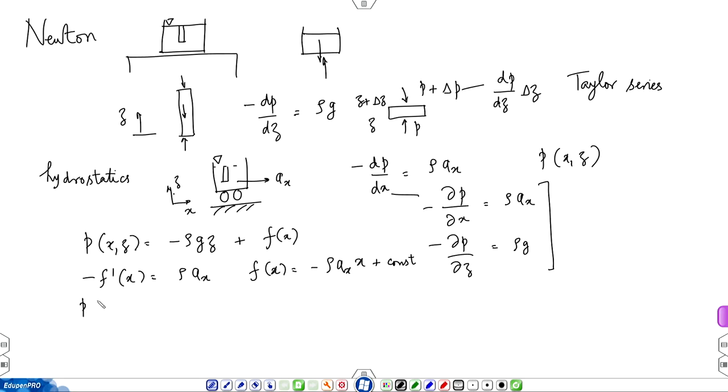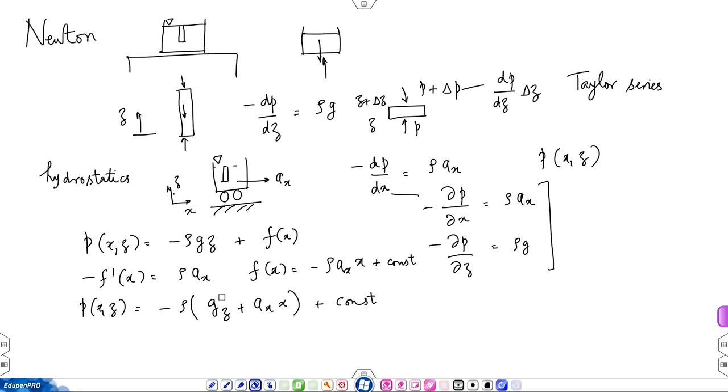So, p x z is equal to minus rho g z minus rho a x x plus constant, that is, minus rho times g z plus a x x, plus constant.